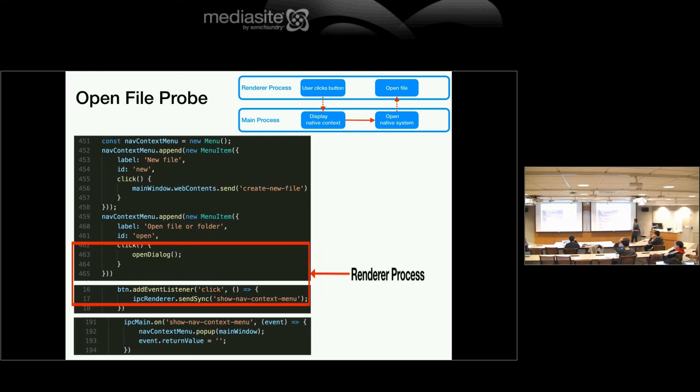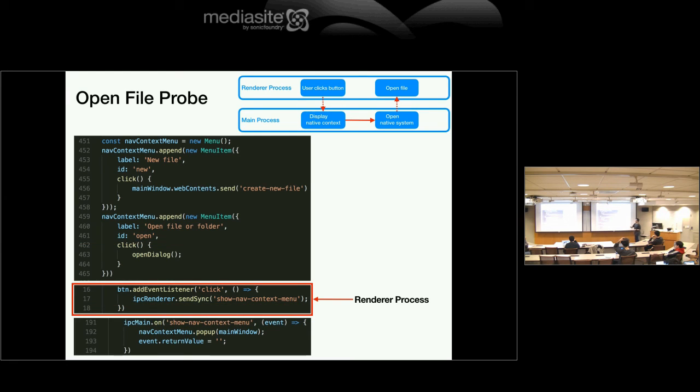Basically, at the renderer process, when the user clicks the button, line 17 will be executed using the sendSync method of the ipcRenderer module provided by the Electron framework to send the message to the main process through the channel called showNavContextMenu. The main process at the same time handles this message by using the ipcMain module.